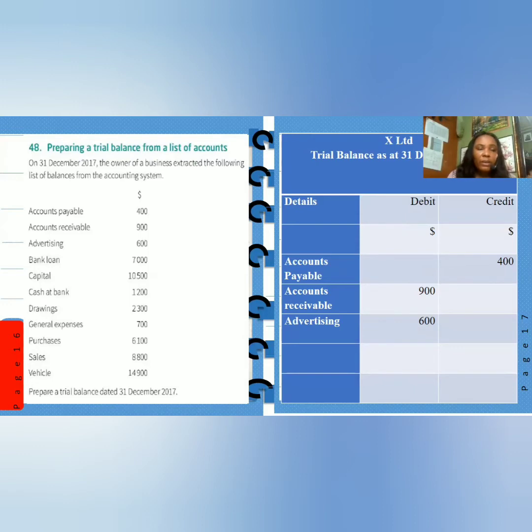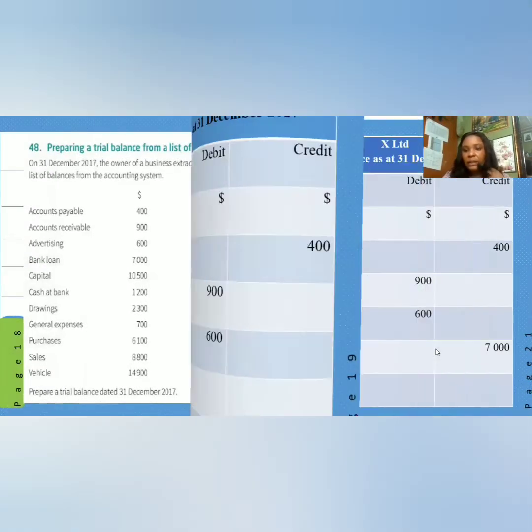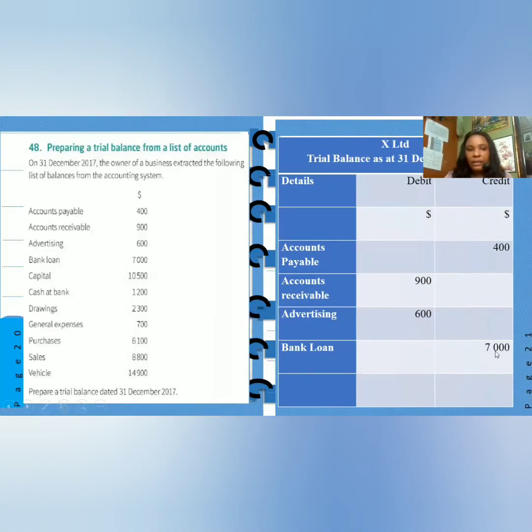So the bank loan, it means the business may have gone and taken a loan at the bank. This money will have to be paid back at some point in time, and so it's a liability. So this bank loan belongs where? Debit side or credit side? Awesome, the credit side, because it's a liability. So we have the bank loan here, and we're putting it on the credit side, $7,000.